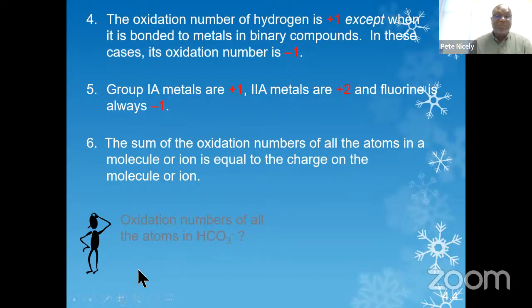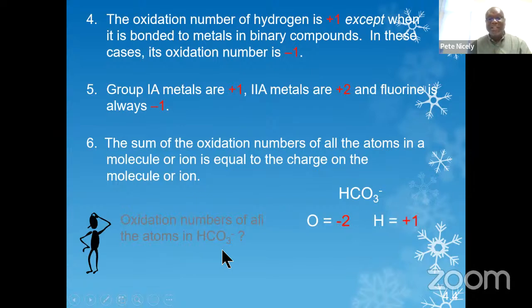So based on these rules, we can pretty much determine the oxidation number of pretty much any element in a particular compound. So for example, this question is asking for the oxidation numbers of all the atoms in the bicarbonate ion, HCO3-, right? So based on the rules, we know that oxygen is going to be -2 in terms of its oxidation number, because that's one of the rules that we saw on the previous slide.